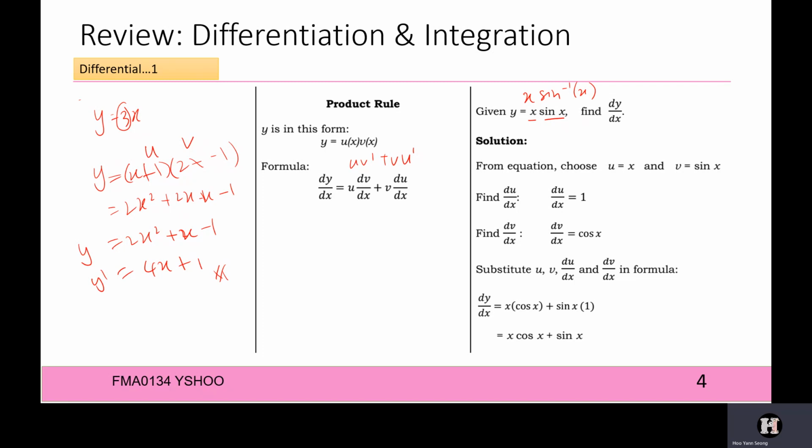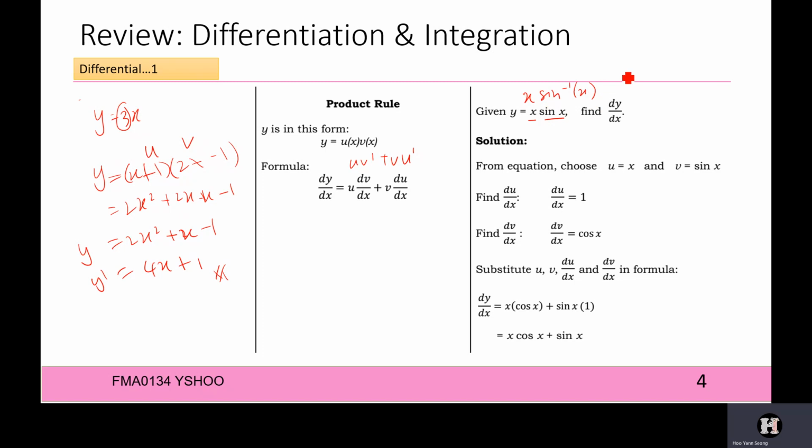They are still two different functions. The only thing is when you want to differentiate sine inverse x, you look at the table. Just like when you differentiate sine x, you look at the table and you will get cos x.